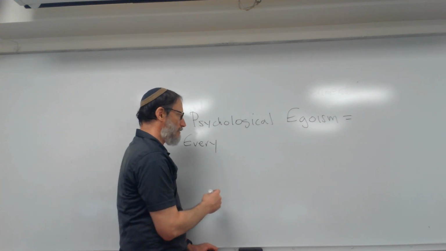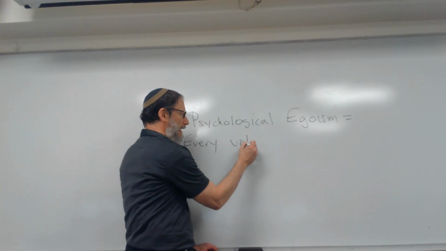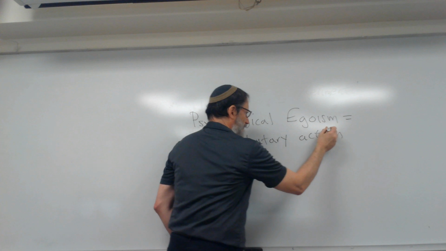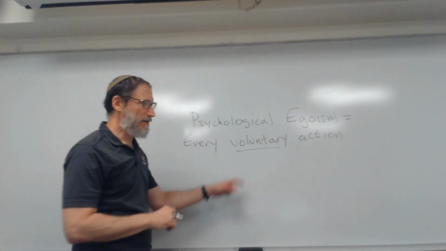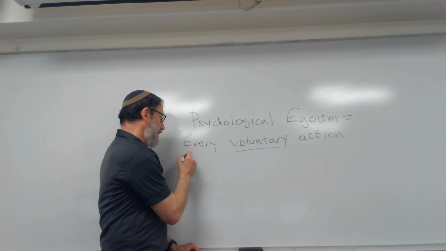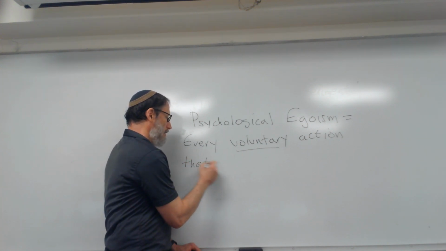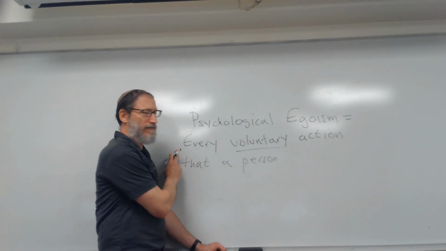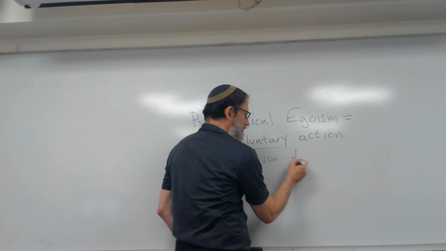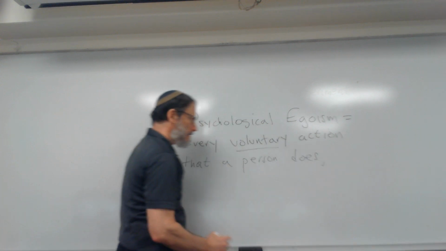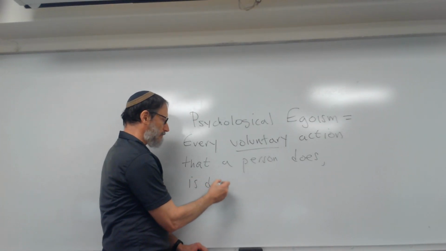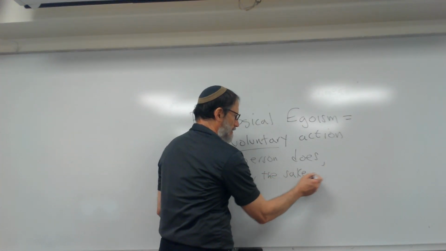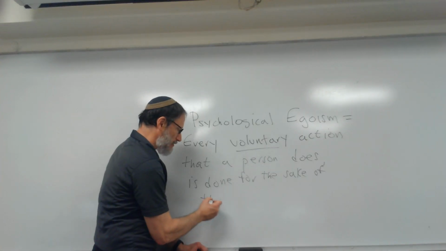All right, psychological egoism says as follows. Every voluntary action, and I'll underline the word, we can come back and talk about what that means. Every voluntary action that a person, we're talking about human beings here, every voluntary action that a person does is done for the sake of the self-interest.